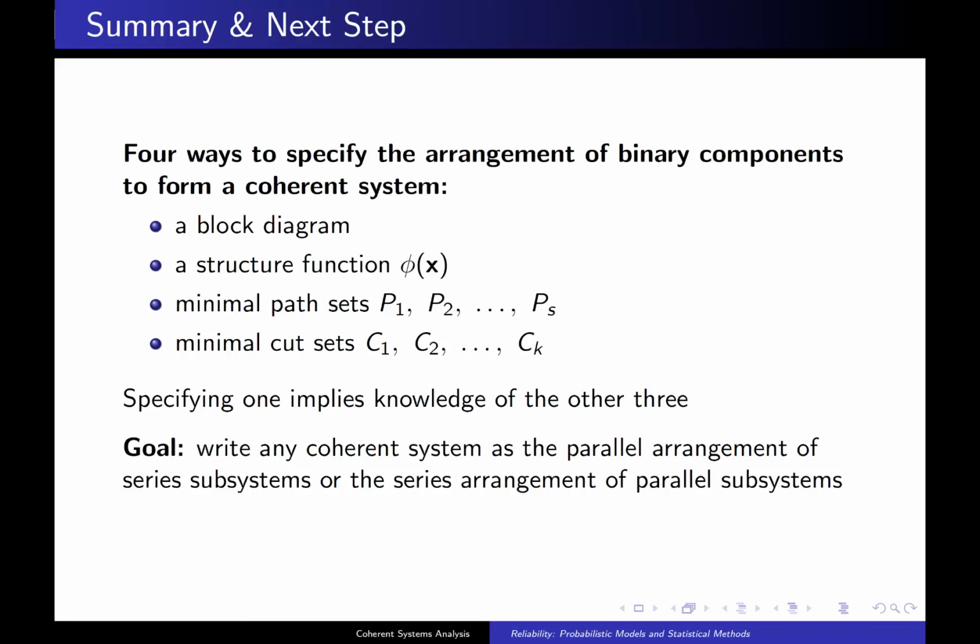Now, one of the side benefits of doing minimal path sets and minimal cut sets is it allows us to write a coherent system as the parallel arrangement of series subsystems, or write any coherent system as the series arrangement of parallel subsystems, and that is what we'll do next.